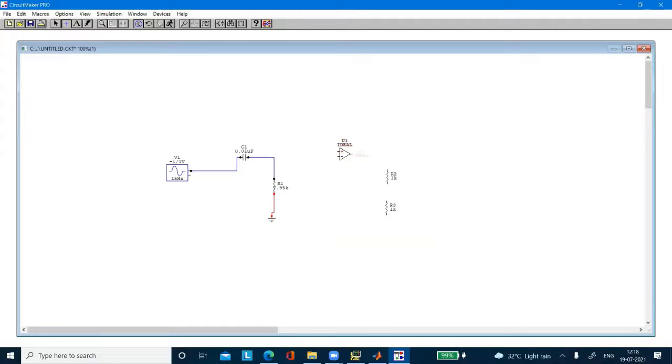It is moving to the positive terminal. Then output here, then this is here. Negative terminal will be connected to this point. Now this should be ground. This should be connected to the ground, and this also should be connected to the ground.